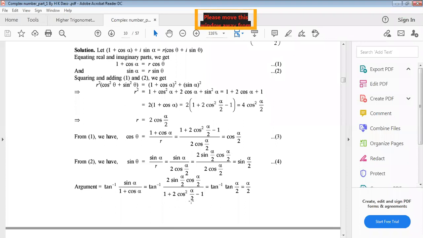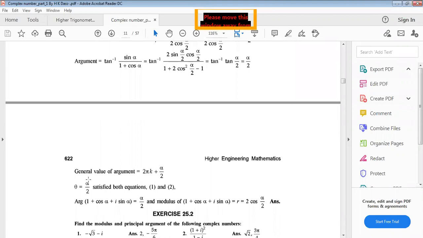Then after cutting, 1 cancels, 2 cancels from up and down, then cos cancels, only tan inverse tan alpha by 2. Tan cancels from the inverse of trigonometry laws, then we get only alpha by 2.